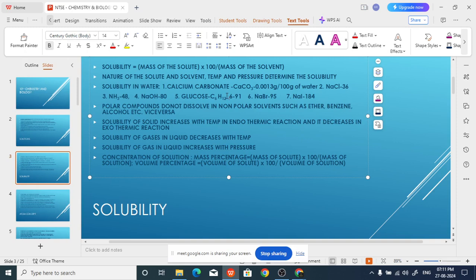So what is one example of an exothermic reaction which we all know? In Tamil we call it sunnambu. What is that in English? Sir, limestone. Calcium carbonate. Yeah, I think it's called calcium carbonate.